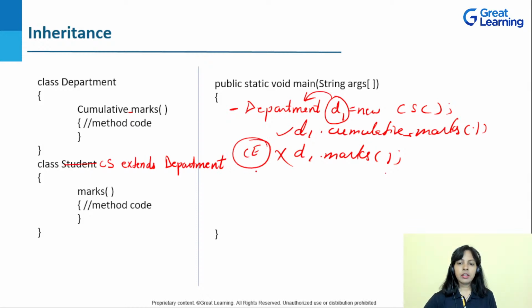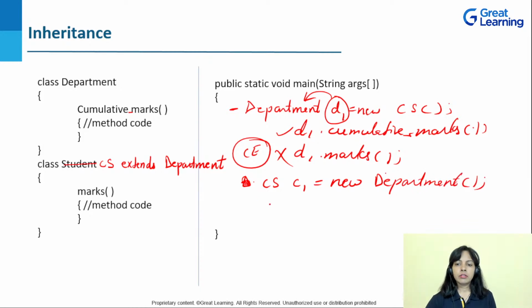Okay. Now, another question. If I use CS class object C1 equals new department, and if I call C1 dot cumulative underscore marks, and similarly C1 dot marks.